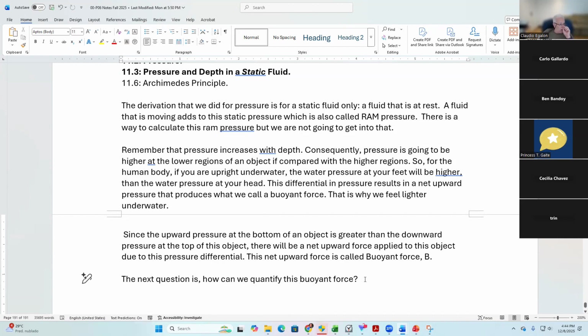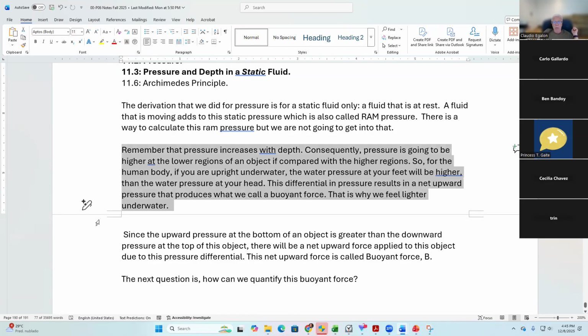There is a way to quantify it. And that's the reason we feel lighter underwater. Because of this buoyant force applied on us.